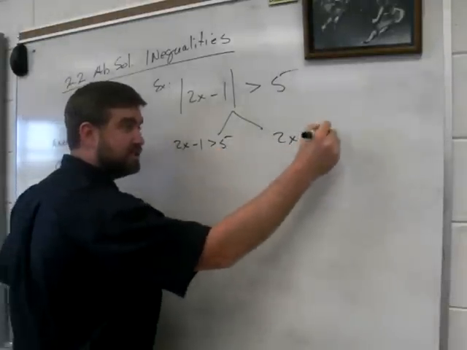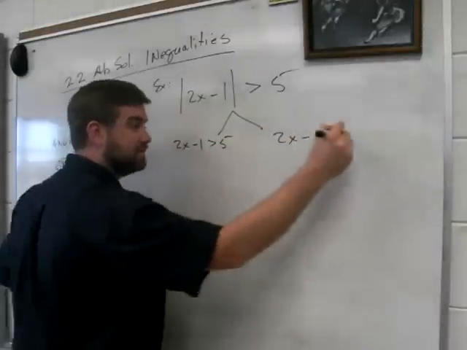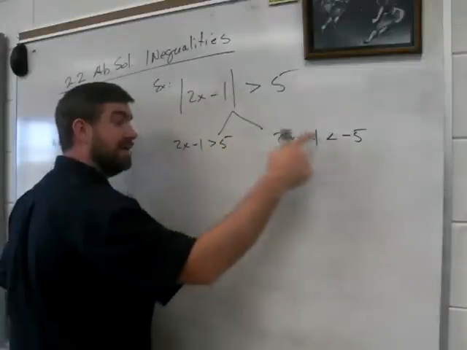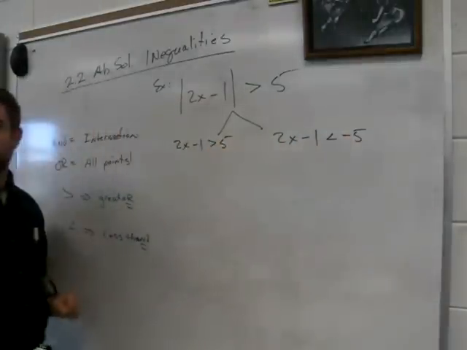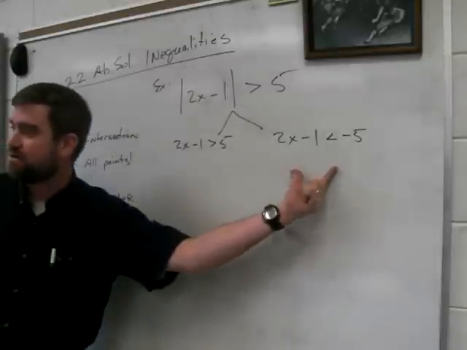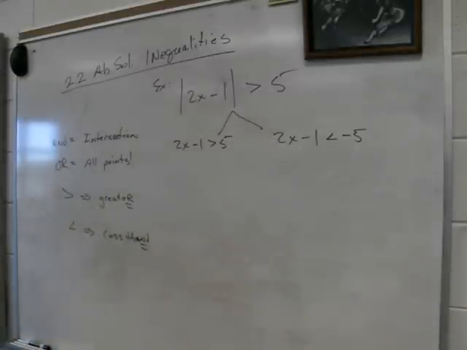I'm going to change the symbol into less than, and then what about the 5? It's going to be negative 5. So the inequality changes and the sign of the number changes. Two things change over here. If you forget one of them, you get it wrong. You've got to remember to change both of them. Change the inequality and change the sign of the number.